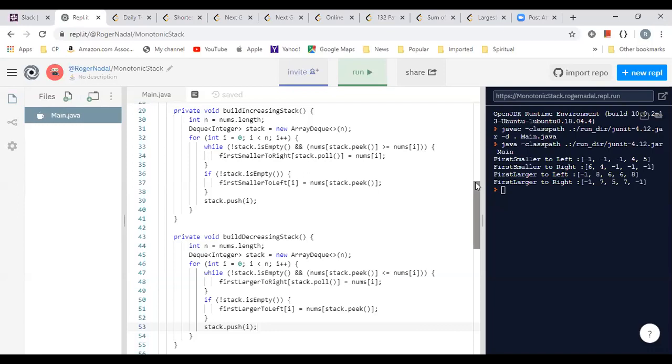So if we just traverse the array from right to left using this build increasing stack function, we should be able to come up with the first larger to the left and first larger to the right. Worth a try. Please go ahead and experiment. That's the reason I gave this code, feel free to tweak it.